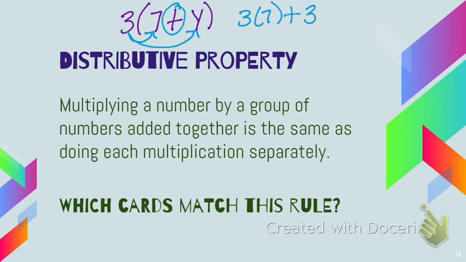How do I write 3 times y? Just 3y. Now, I can simplify a little bit farther, but I can't simplify all the way to one number, okay? So 3 times 7 is 21 plus 3y. I can't do anything with that. I just have to leave it like it is. So this is the equivalent expression to that. All right, it's not terrible, right? This is not too bad.